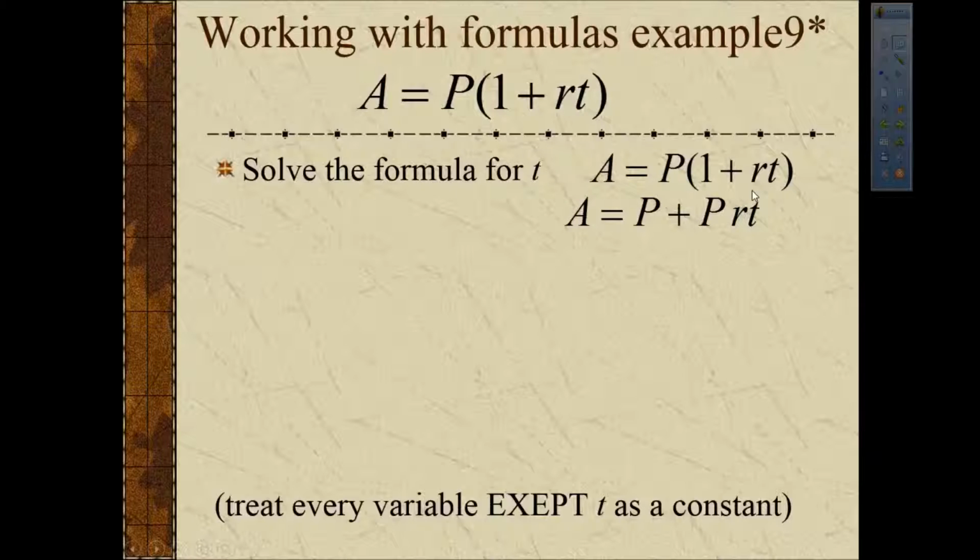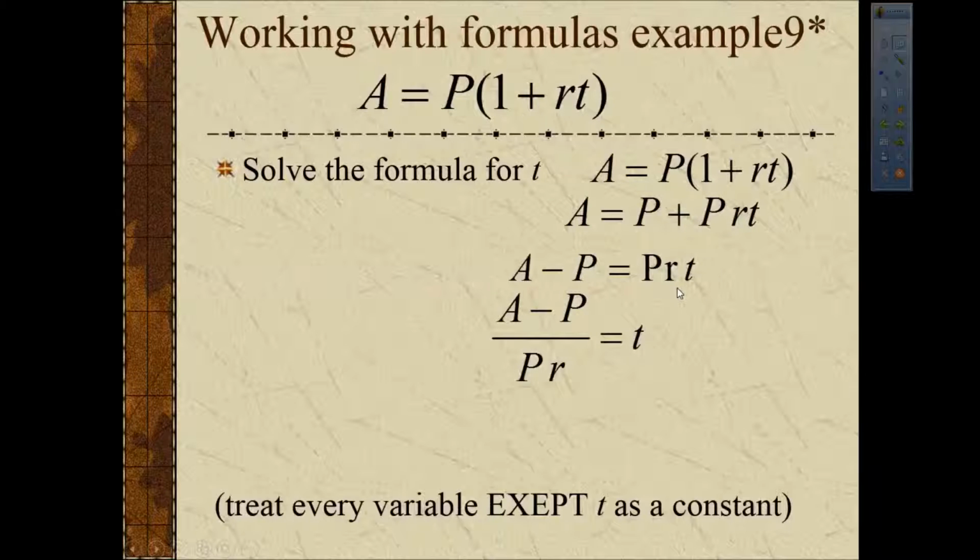Remember, reverse the order of operations, so I'm going to undo this addition first. I'll subtract P from both sides. Next, I'm going to undo multiplication. I'm going to divide both sides by PR. And the result here is that I've isolated the variable t. Another way of saying that is that t is now a formula in terms of A and capital P and r.